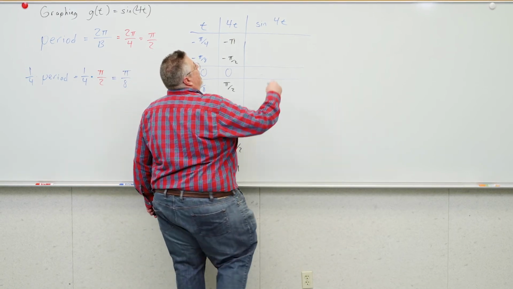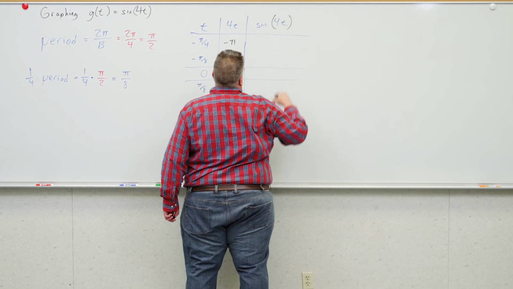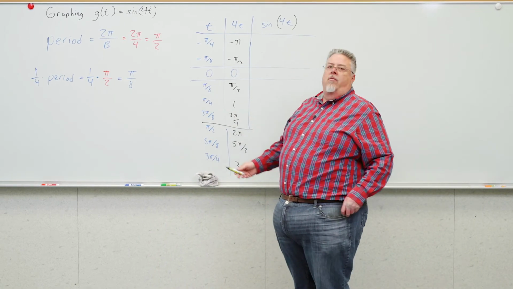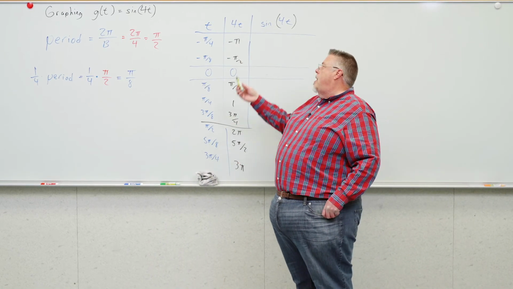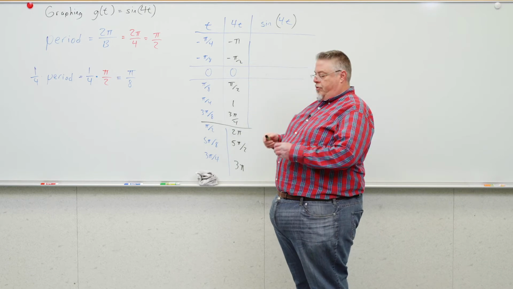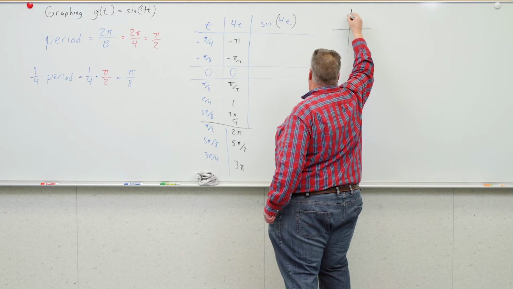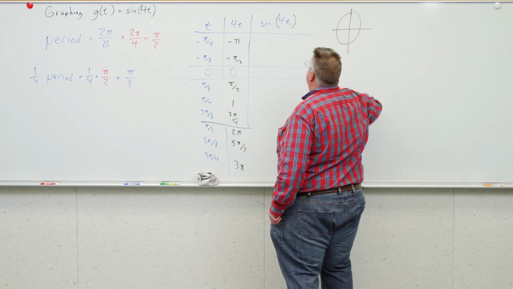So now I want the sine of 4t. That's the sine of this guy. And what am I plugging into the function? I'm plugging in these nice multiples of pi over 2. I'm going to have this little crutch over here. No embarrassment in that if you need it.